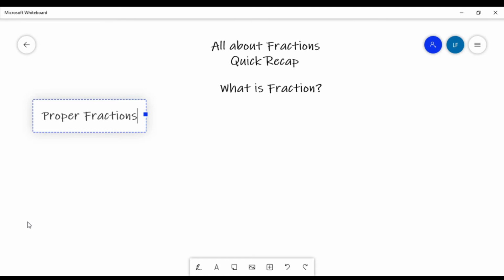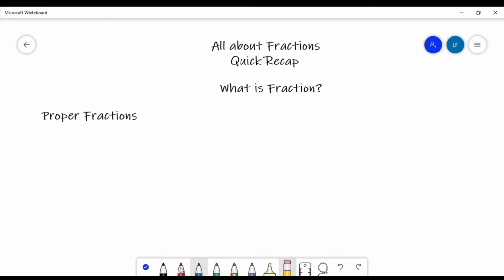Contrary to like and unlike fractions, proper fractions do not need another fraction to find out whether they are proper fractions. Meaning that we can identify a proper fraction even if there is only one fraction.